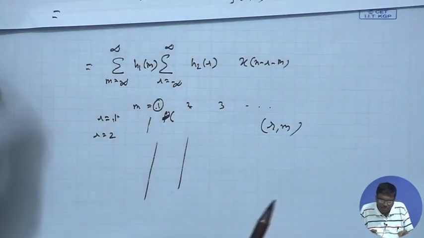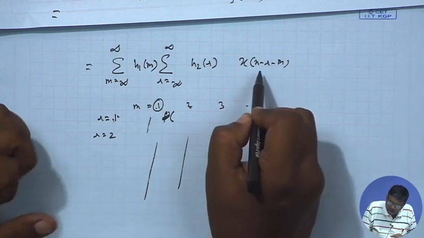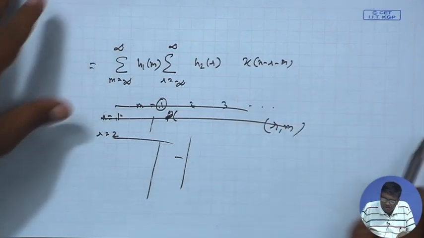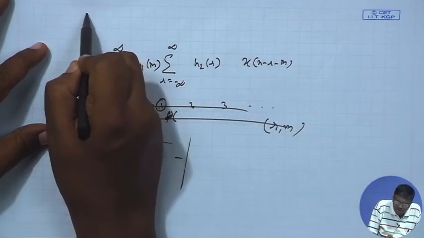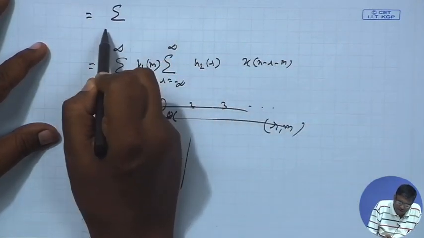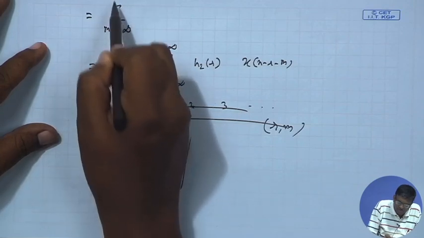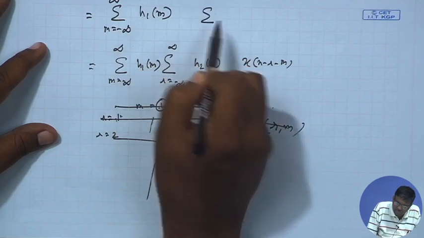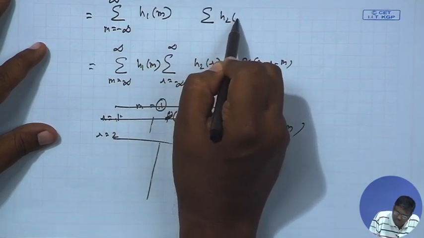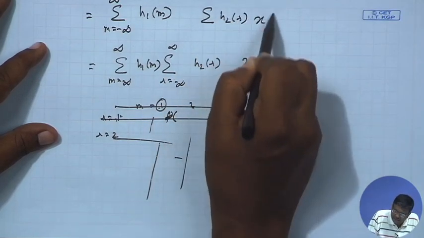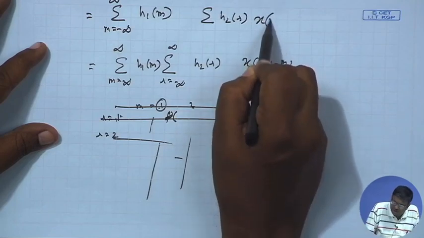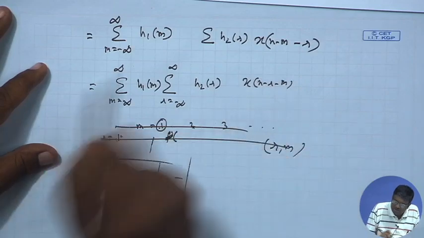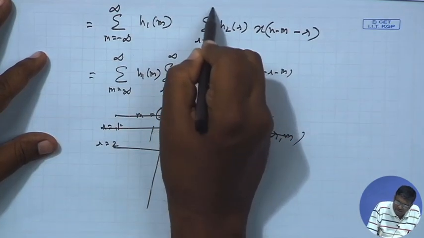Okay. And x of n minus r minus m, so I rewrite again: instead of n minus r minus m, I can write n minus m minus r, same thing.